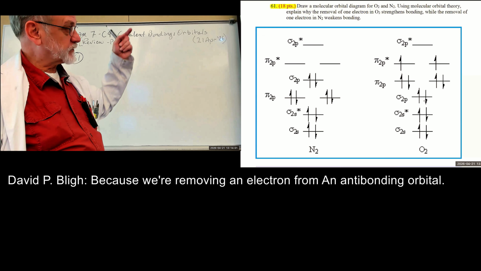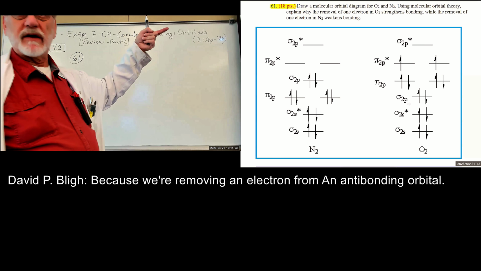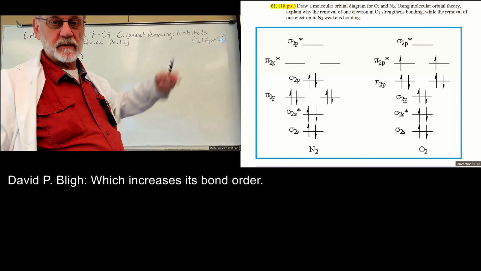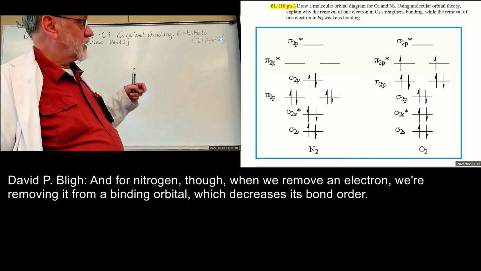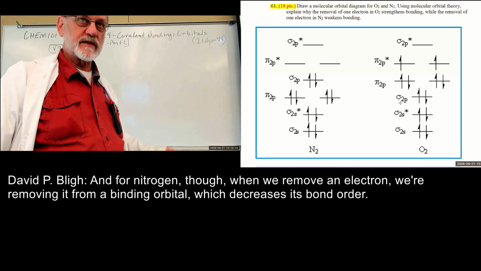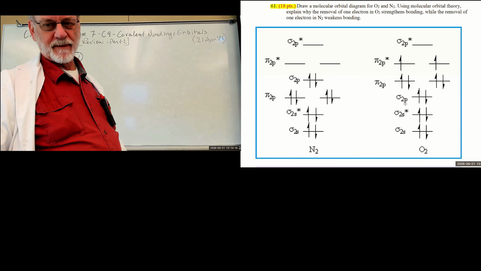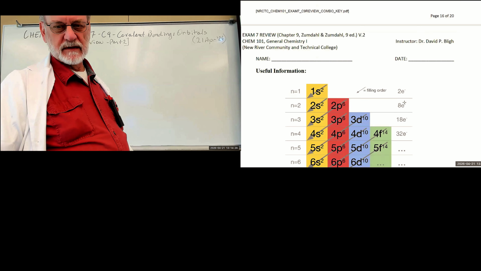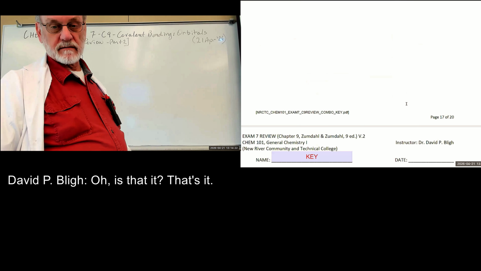Because we're removing an electron from an anti-bonding orbital, which increases its bond order. And for nitrogen, when we remove an electron, we're removing it from a bonding orbital, which decreases its bond order. So you can put those in your own words. Oh, is that it? That's it.